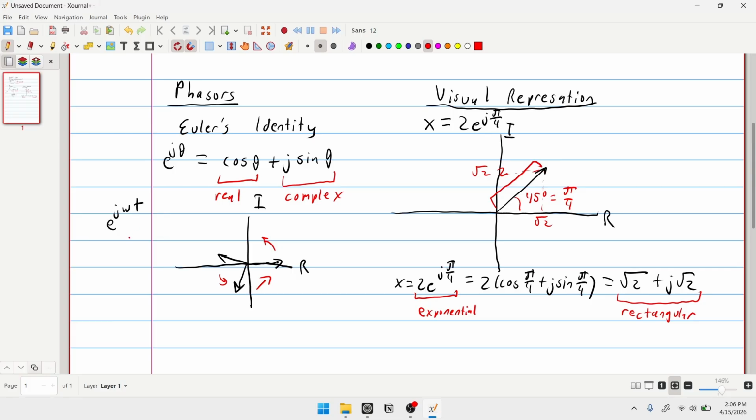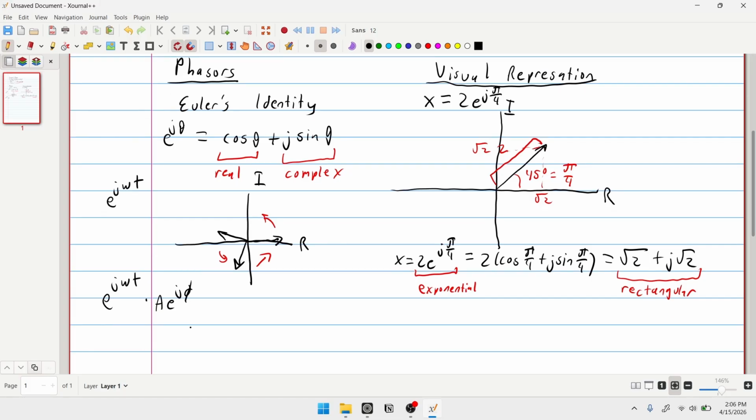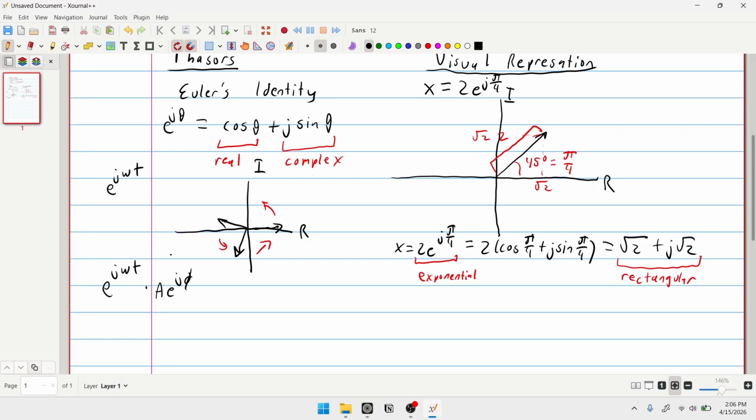So we can see that we have e to the j omega t, and then e to the j phi. Here we can see that this is our frequency part, and this is our phasor.